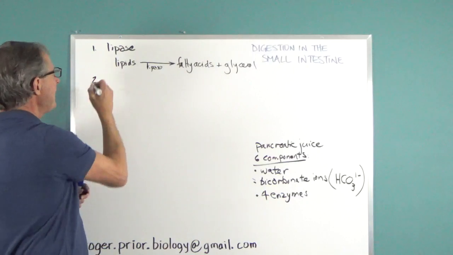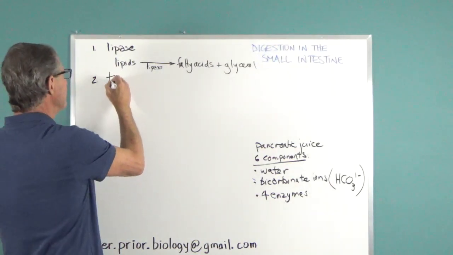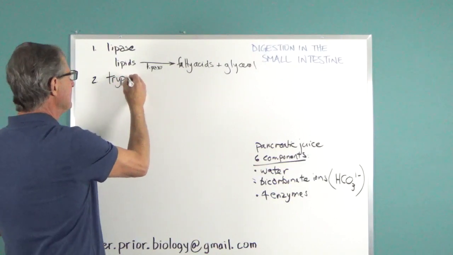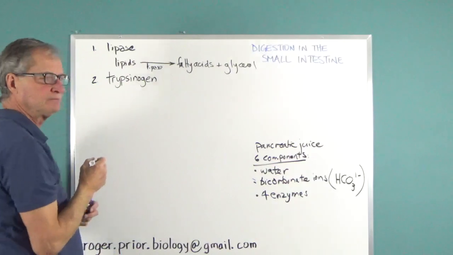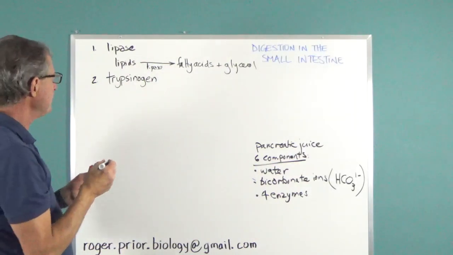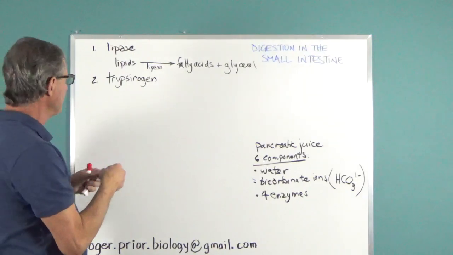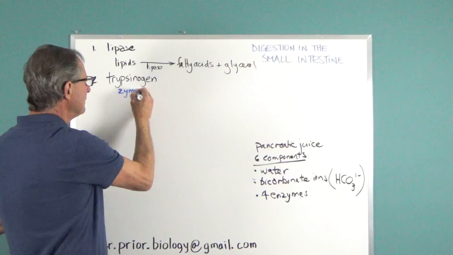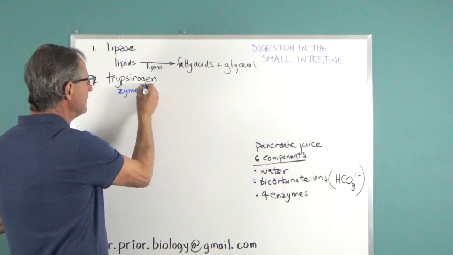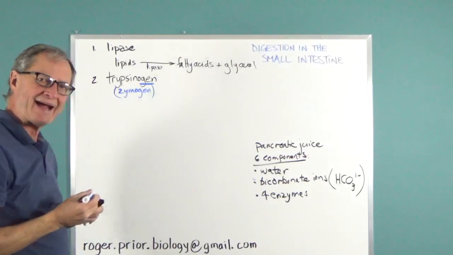The second enzyme that's in pancreatic juice is trypsinogen. Trypsinogen, if you recall the word zymogen, is inactive.